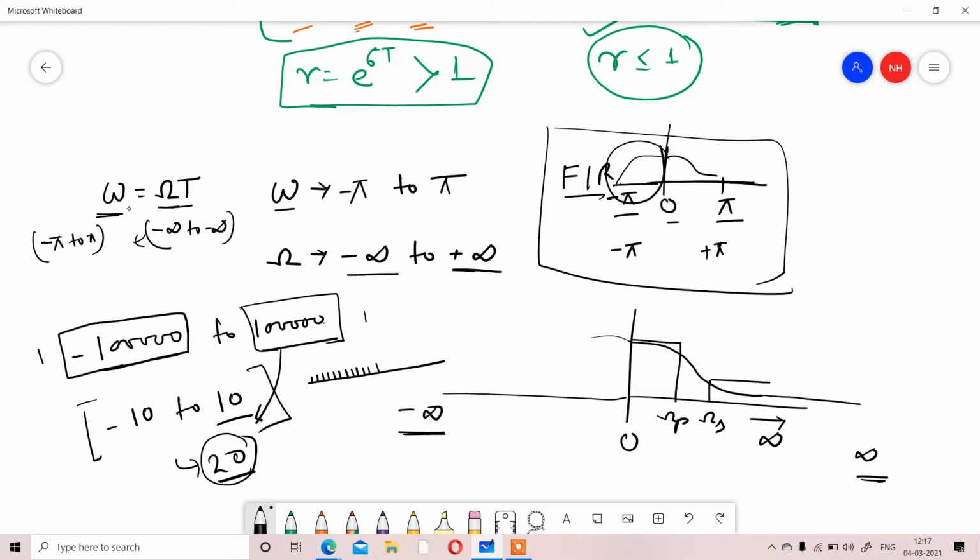There must be values like that, where for one value we are getting, the same value may be in the same position. That may happen. Means aliasing may happen. Clear what I am trying to say?